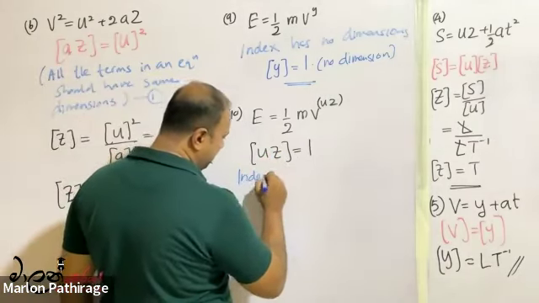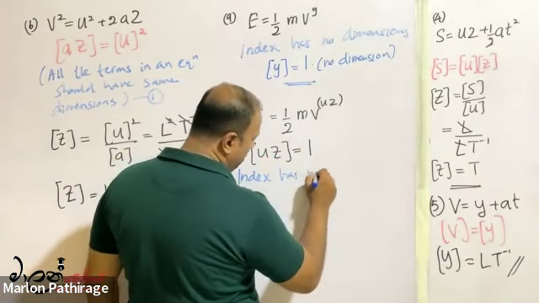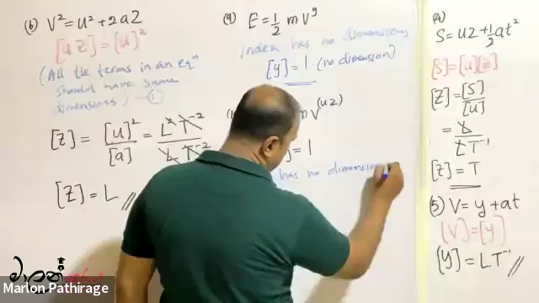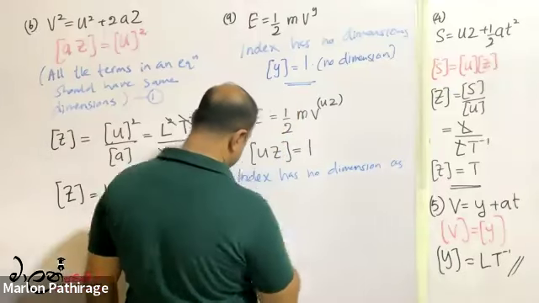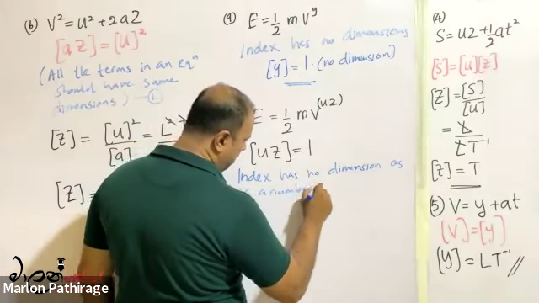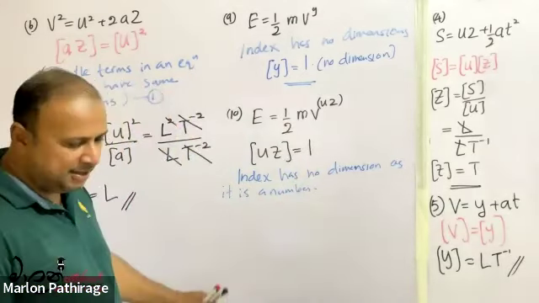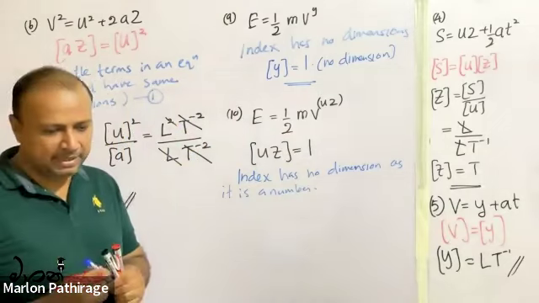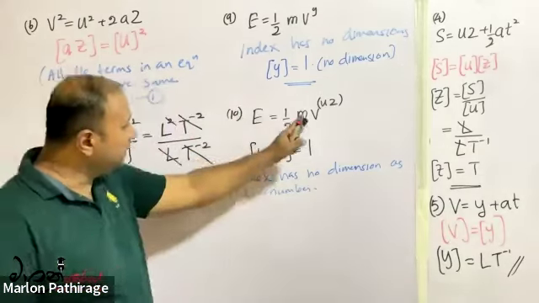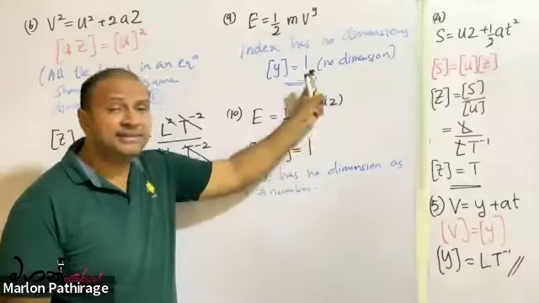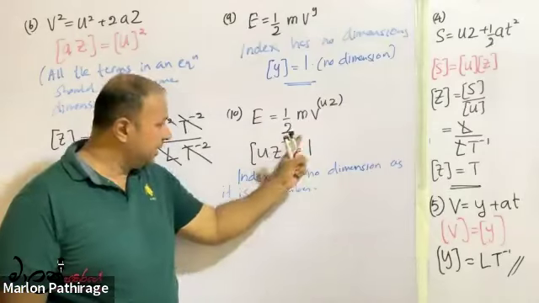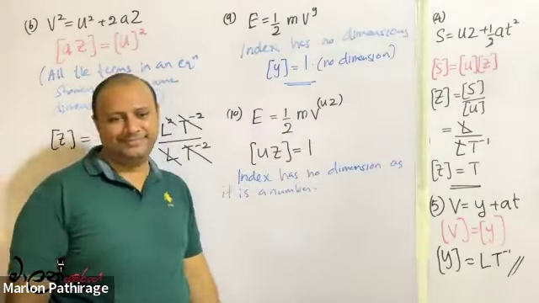Index has no dimension as it is a number. Therefore, the index means the entire expression. Entire expression means U, we said that is equal to 1.